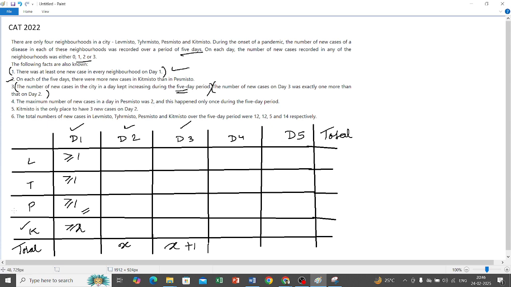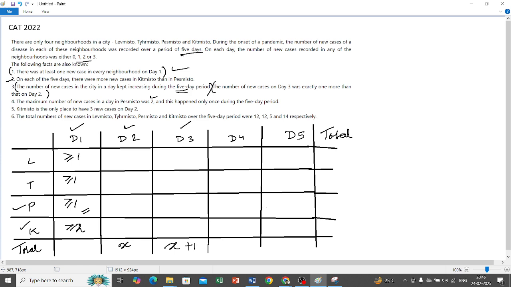Now see, the maximum number of new cases in a day in Pessimisto was 2. That means the maximum value I can put in D1, D2, D3, D4, D5 for Pessimisto is 2, not 3. And this happened only once during the 5-day period. That means only once in these five days has Pessimisto had 2 cases, and that is the maximum value.